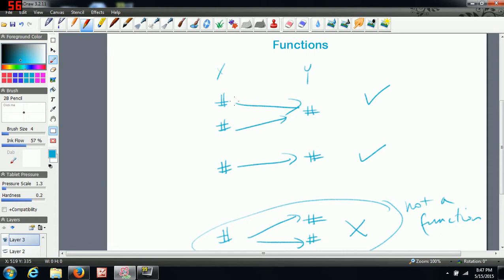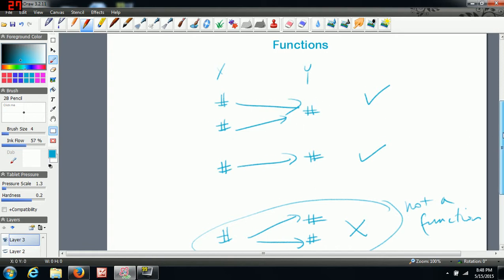So that's a little lesson on functions. They do take equation forms, and like I said, basically you want one y for each x, and even if it's the same y, that's fine.